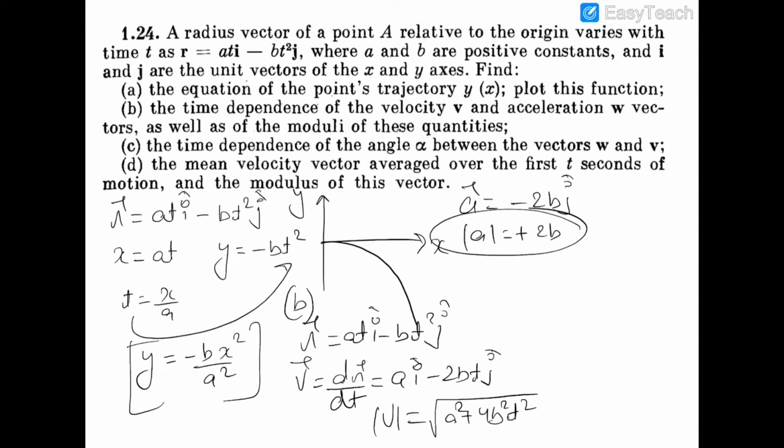Now we have to find out the time dependence of the angle between vectors w, which is acceleration, and v, which is velocity. So let's suppose this is the a vector and this is the v vector.